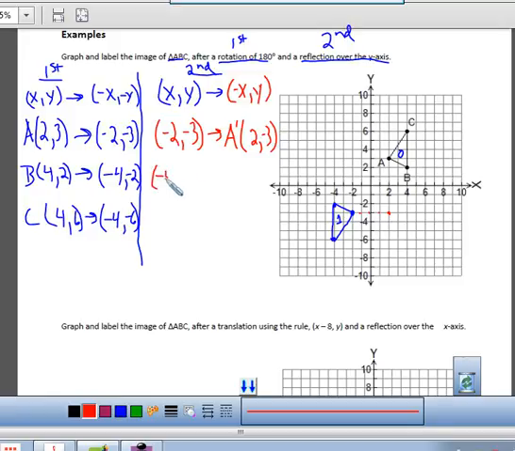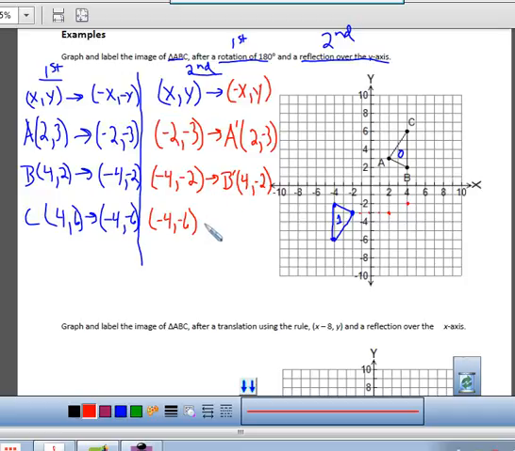So I've still got (-4, -2) and (-4, -6). This one's going to become my B prime. So I'm going to take the opposite of the x term, so -4 becomes 4, -2. That's B prime. Let's go ahead and plot that, (4, -2).